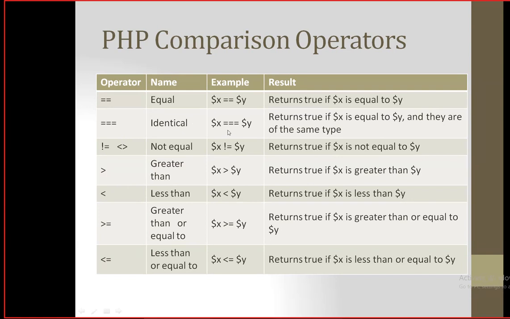Now, when we use a triple equal to sign, it is an identical operator, and it will only return true if the values of both the operands are numerically equal as well as they have the same type, right? So only then it will return a true, otherwise it will return a false. Not equal to remains the same. Greater than, less than, greater than equal to, less than equal to, all of them are working in the same way.